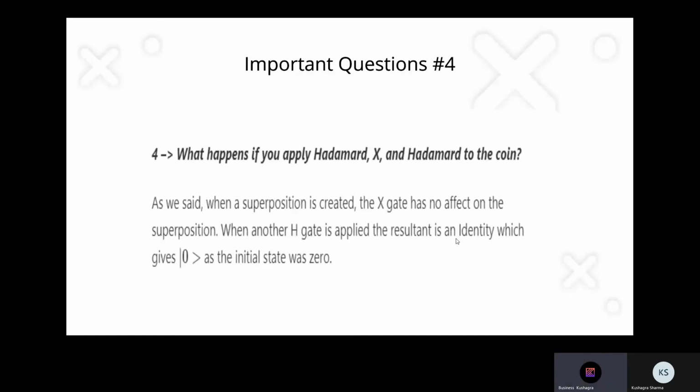Applying a Hadamard gate, an X gate, and a Hadamard gate, which is the circuit when the user chooses to flip the coin, the initial quantum state of the coin is recovered. Hence we get 0, which is the ground state.